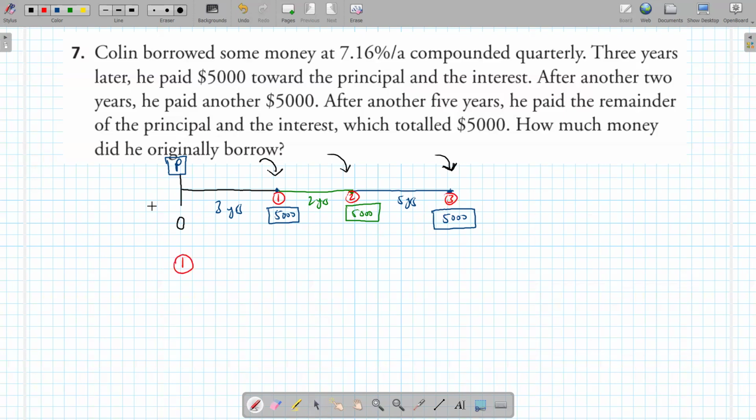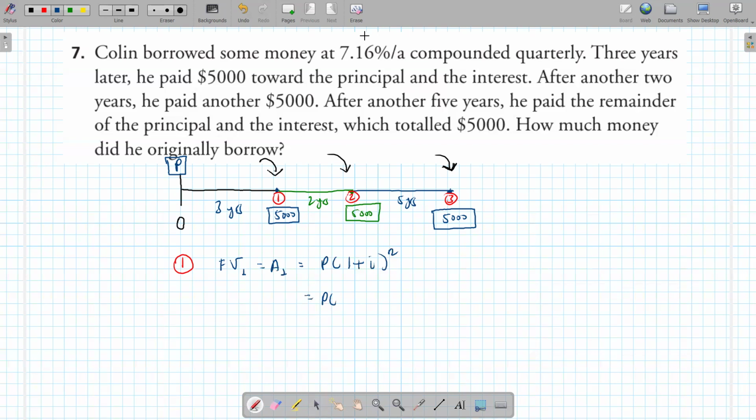Let's focus on 1. What is the amount right there? How do we find the future value right there? Using this. So your future value, or your amount, at time 1 is principal times (1 plus i) to the power of n. It's been compounded quarterly.